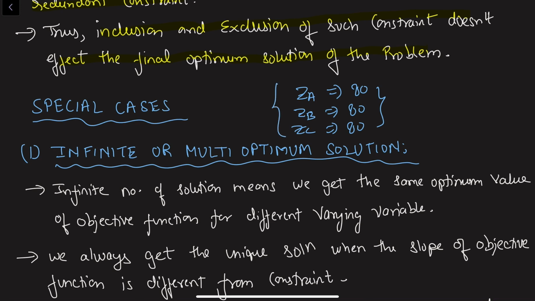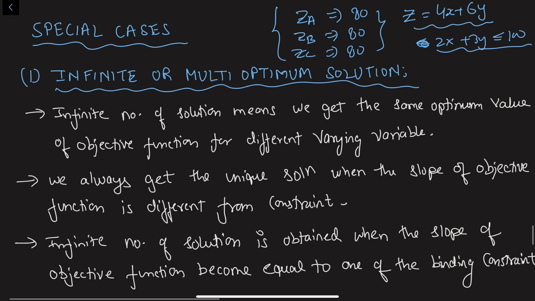When can this happen? What is the possibility? This can be possible when the slope of the objective function 4x plus 6y becomes equal to the slope of my constraint, right? If it is like 2x plus 3y less than or equal to 100, then this will give a same-slope line and will give multi-optimum values.